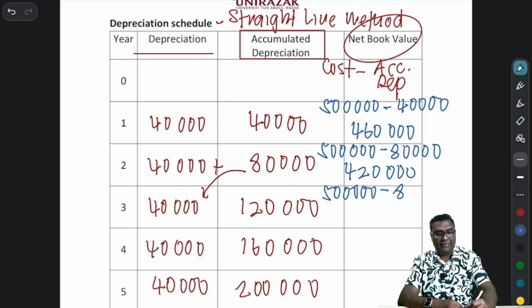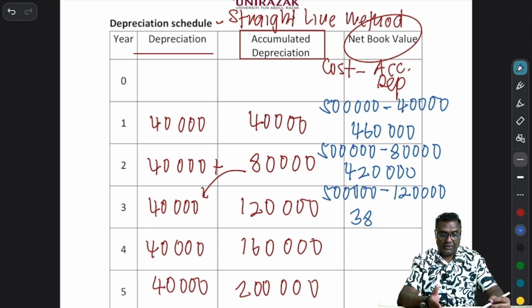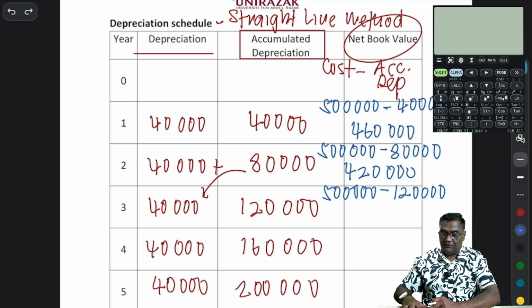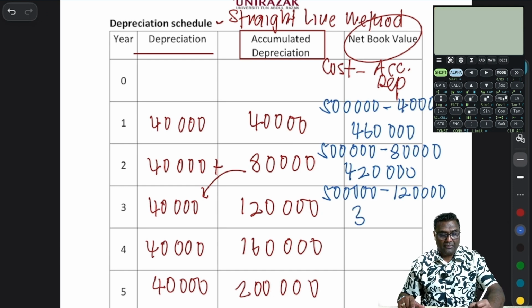Minus of 80,000. Accumulated was 120,000. So I minus this off. When you do that, you're going to get 380,000. Or you can do this in another way if you press the calculator. If you're not sure, 500,000 minus 120,000, 380,000.